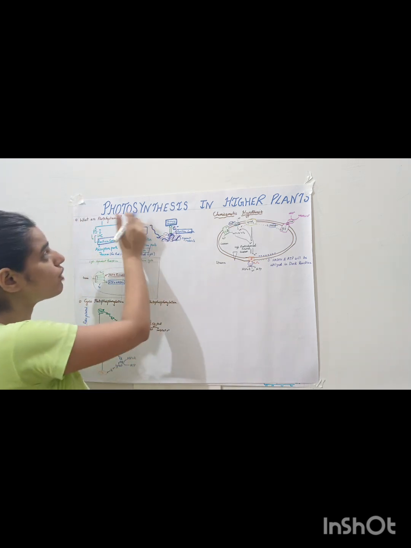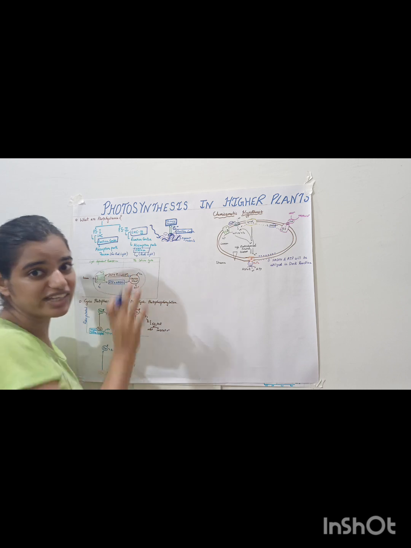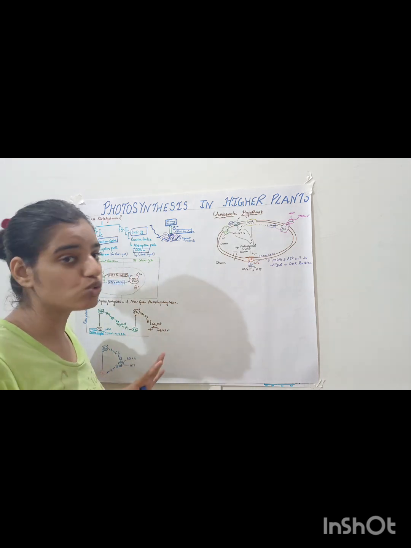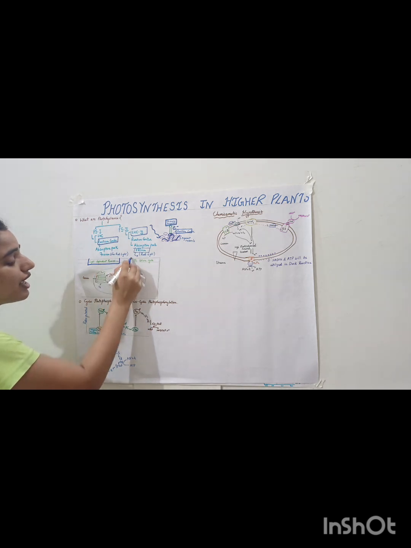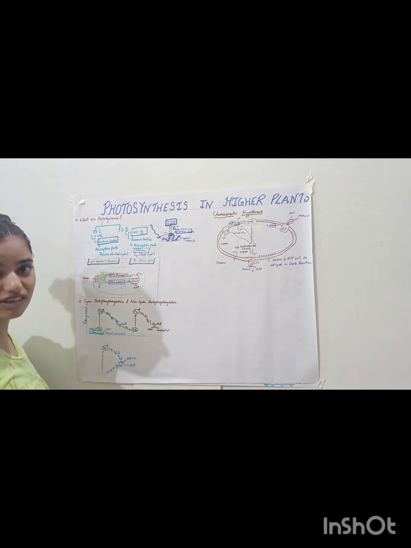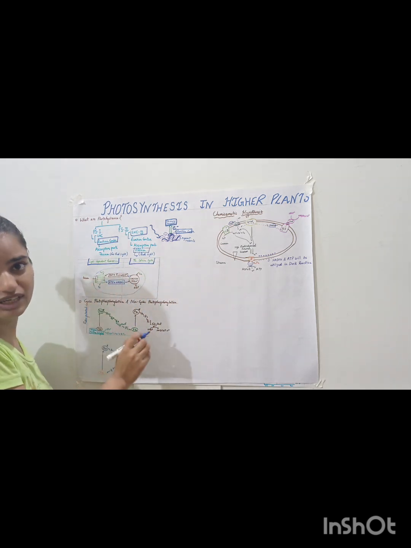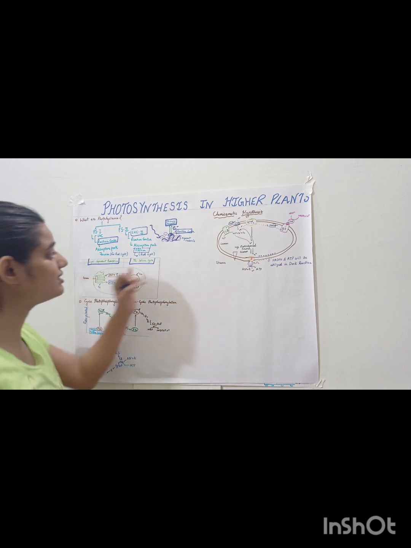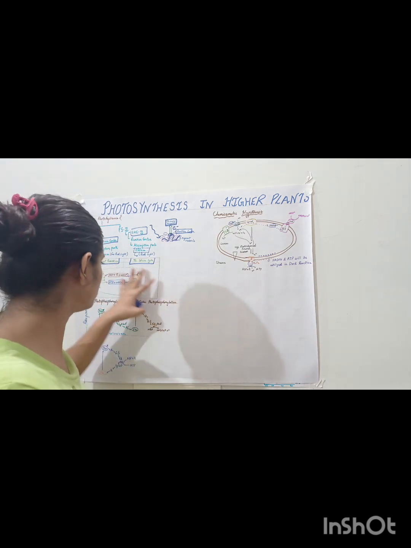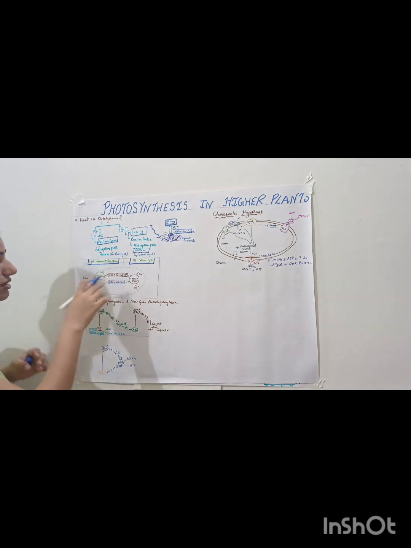So the process of photosynthesis is divided into two reactions: the light dependent reaction, and second is the dark reaction or Calvin reaction. In short, we will see here in this diagram.